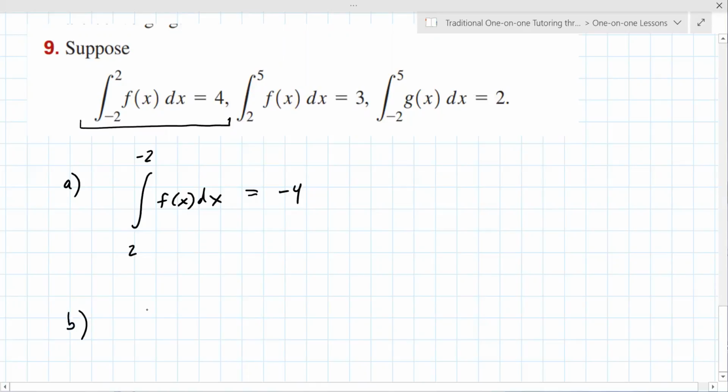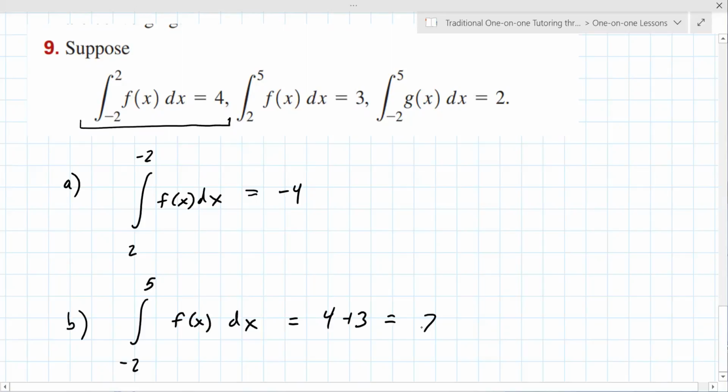And then they might ask you, for example, what is the integral from -2 to 5 of f of x dx. That's 7. 4 plus 3 is 7.